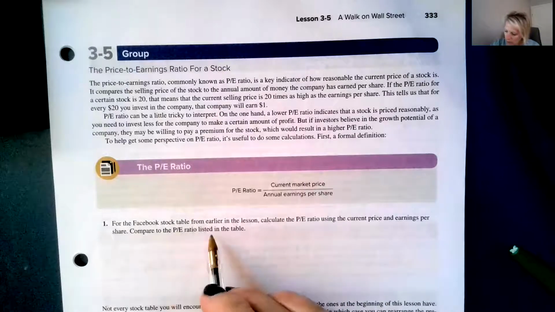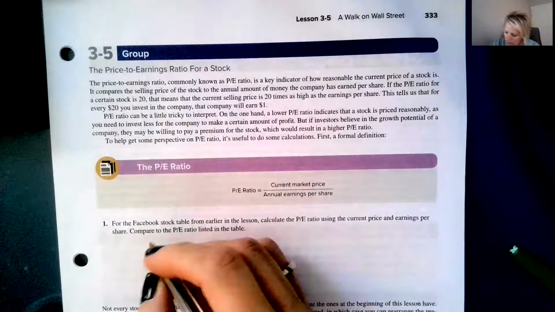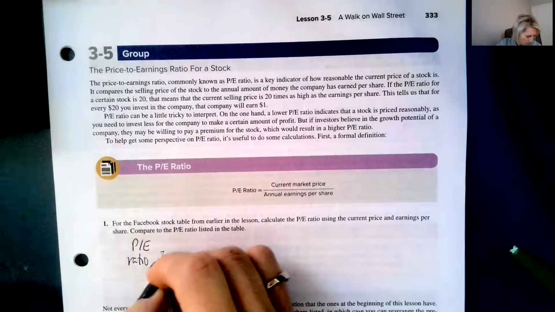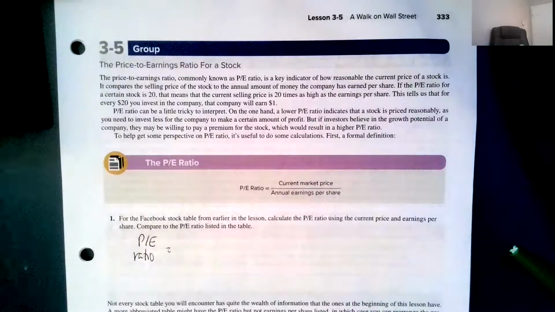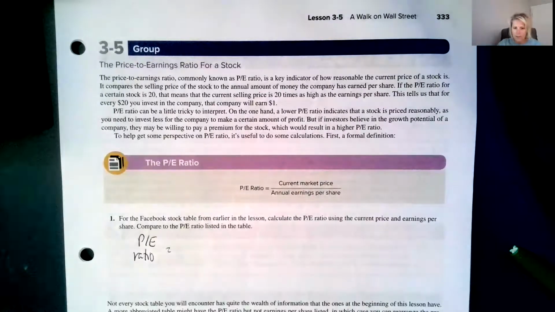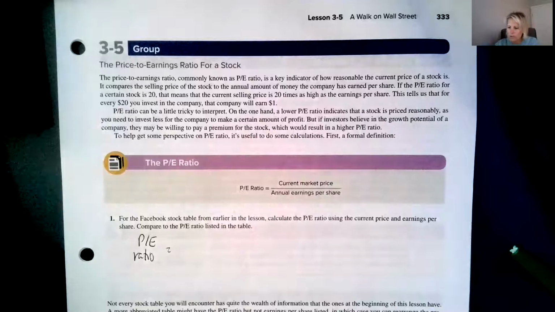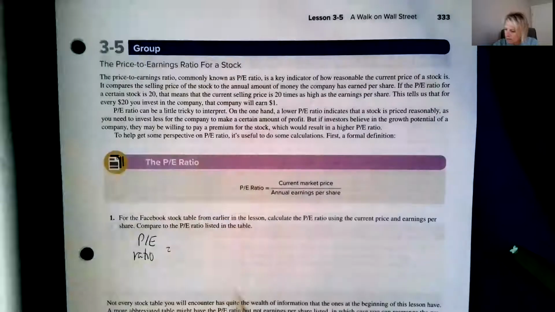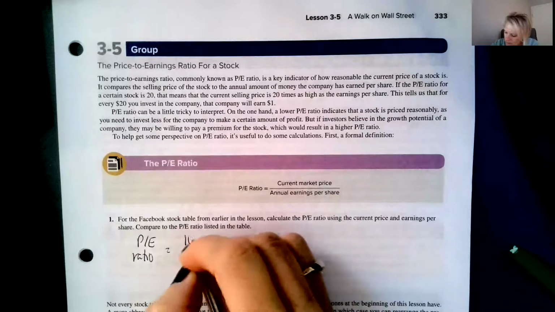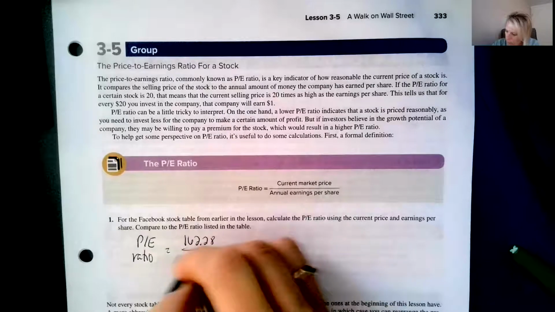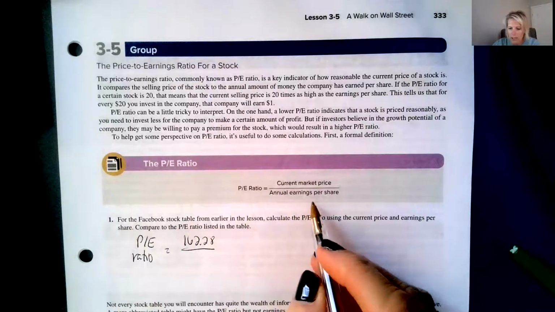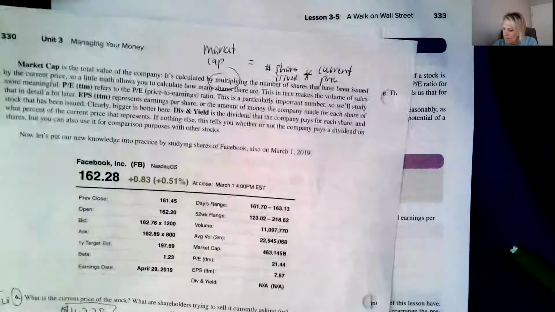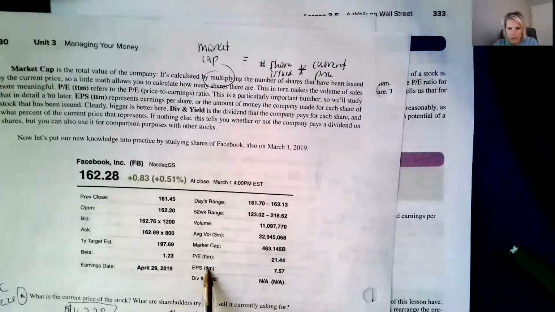So we're going to calculate the PE ratio for the Facebook stock. Its current price was $162.28, and we're going to divide by the annual earnings per share, which is right here, 7.57.